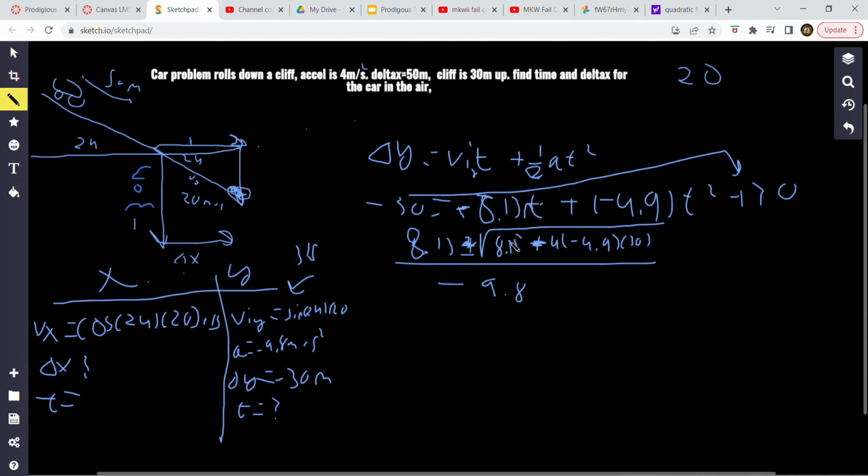So let me just put this all over as a fraction. 8.13 plus square root of 8.13 squared plus, actually we can just do plus because the negatives cancel each other out, 4.9 times 30, all over negative 9.8.